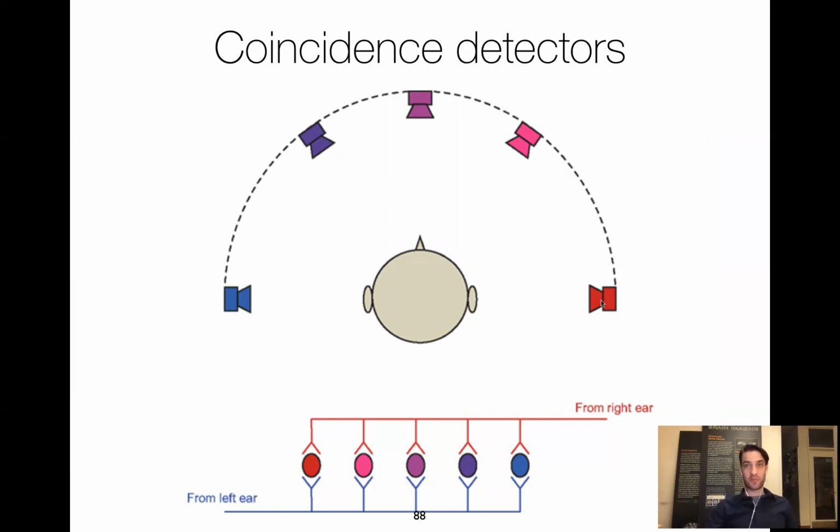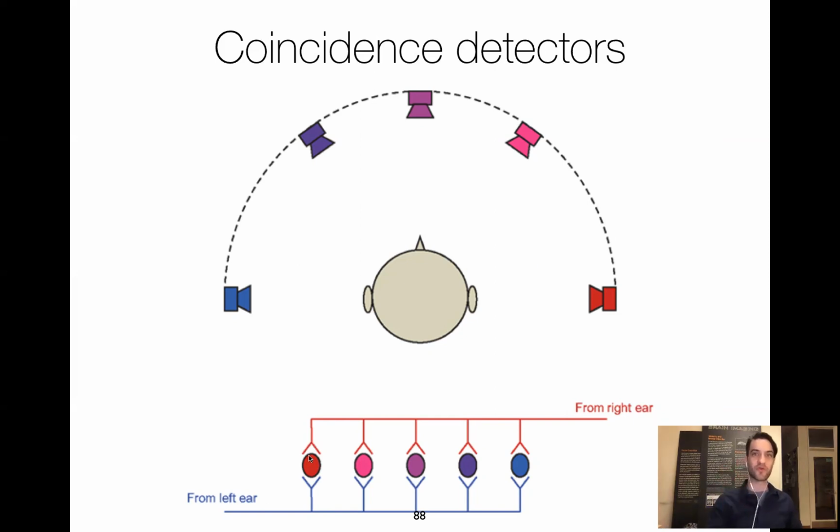So basically what'll happen is the sound signal comes into the right ear, it's getting processed down here, and while it's getting processed, the sound hasn't yet hit the left ear. And so while this is making its way down from the right ear, it's going to take a little while before it can get down to the left ear, and it won't converge on this little coincidence detector for a little while.